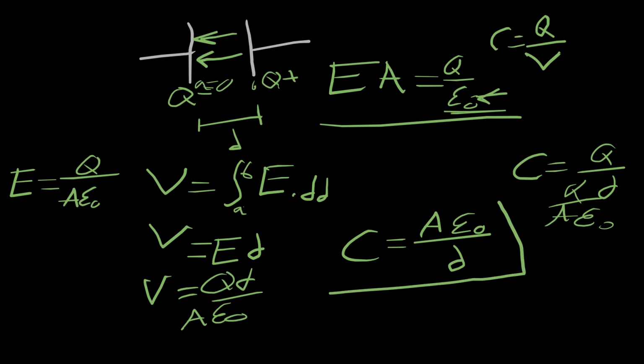This tells us a lot, because capacitance is how much charge our capacitor can store. We can increase it by increasing the area, or by putting in an insulating material that has a higher permittivity, or we can decrease the distance between our two plates to increase our capacitance. This is how we're going to find it.